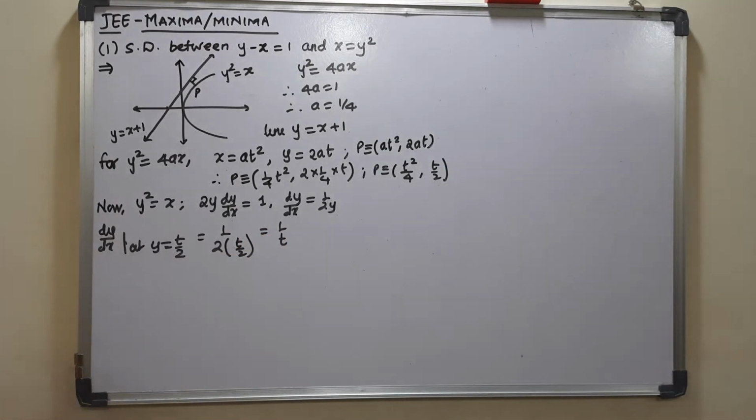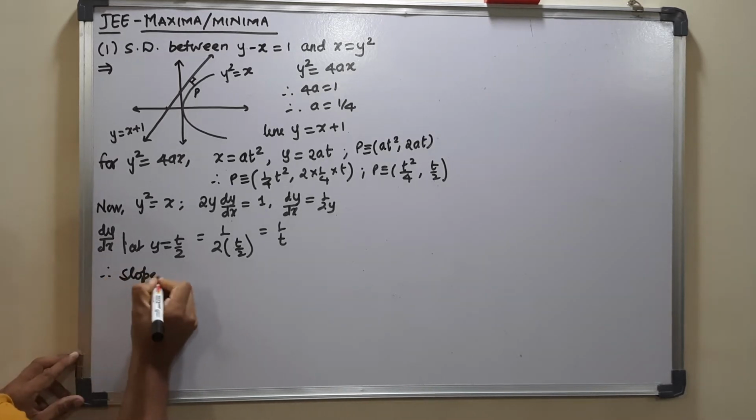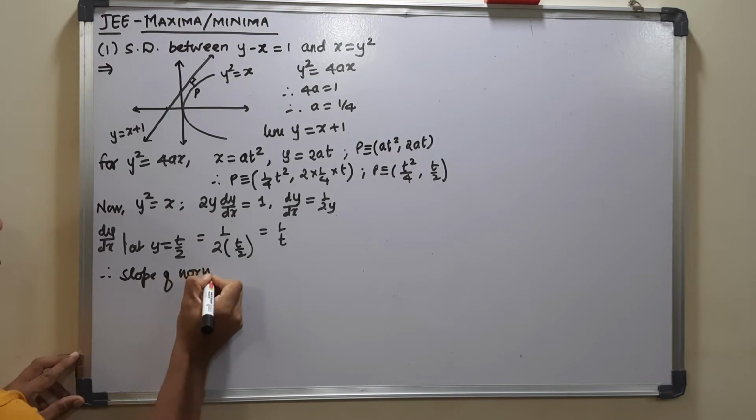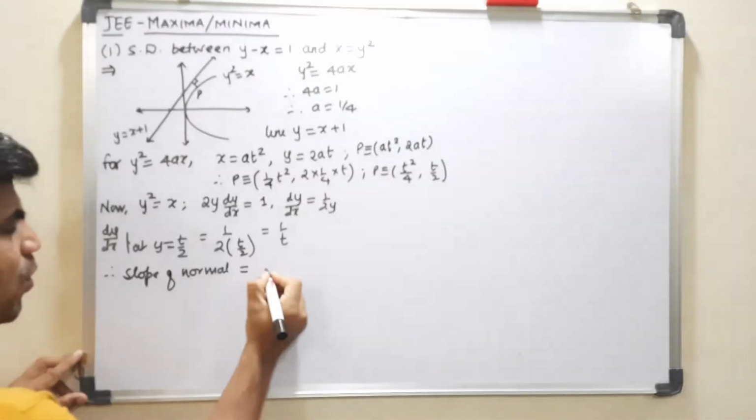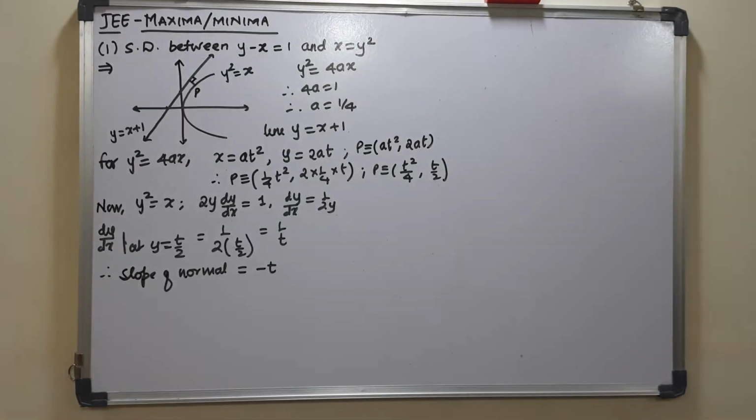So your slope of tangent at point t square by 4 comma t by 2 is 1 by t. So slope of normal will obviously be equal to minus t. That is, slope of tangent into slope of normal is equal to -1. So that will be equal to minus t.